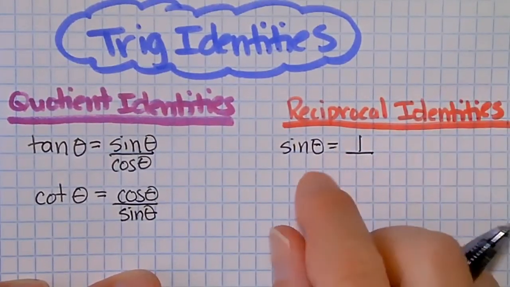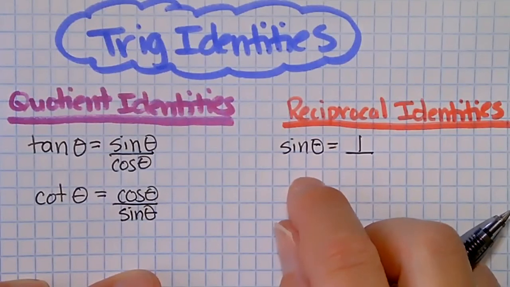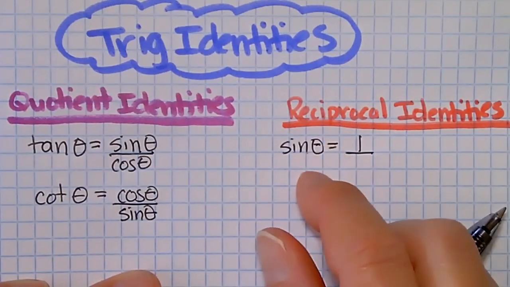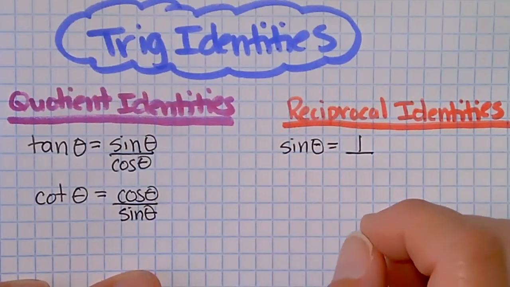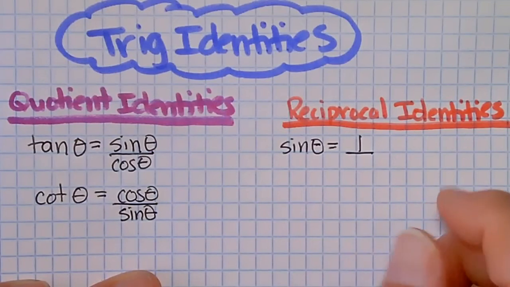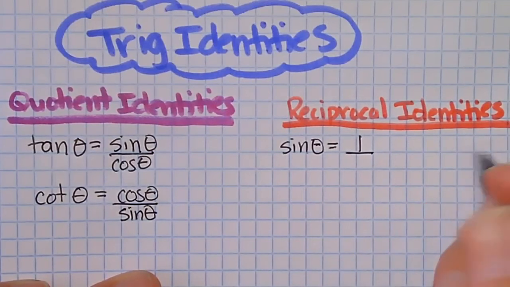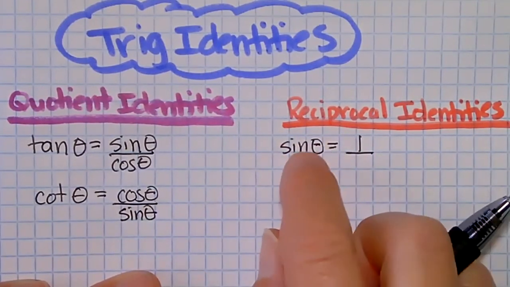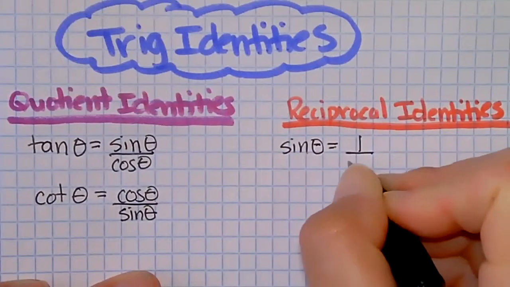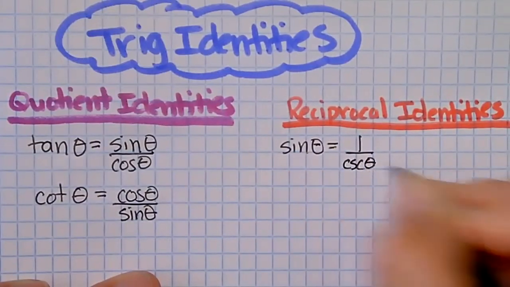So remember, I always say S doesn't go with S and C doesn't go with C, because you have sine and cosine, which are S and C's, and you have cosecant and secant. You also have cotangent, but hopefully you know cotangent and tangent are going to match together. So those are both S and C's, and so the way I keep it in my mind, because they're all very close sounding, S doesn't go with S, so since this is sine, its reciprocal is the cosecant.